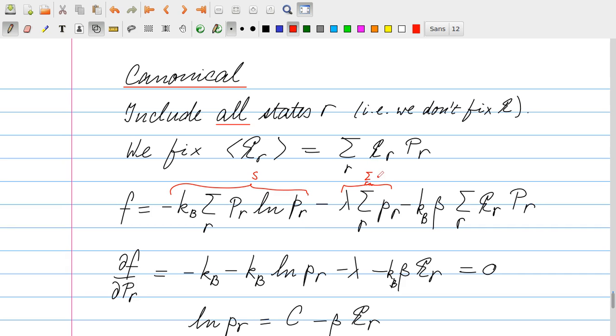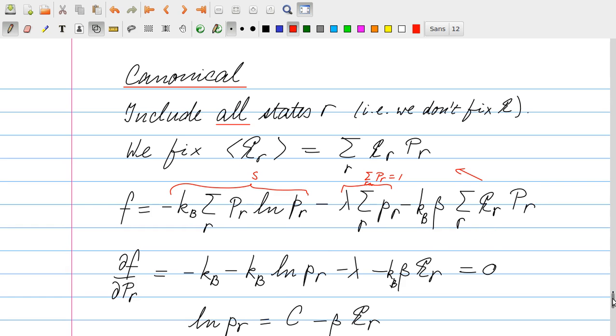So this ensures that the sum over the PRs is 1. And this last term has a Lagrange multiplier, which I call KB times beta. I have all the freedom to give it a name, and in this case I take it to be KB times beta. And that is the term which fixes the expectation value of the energy.